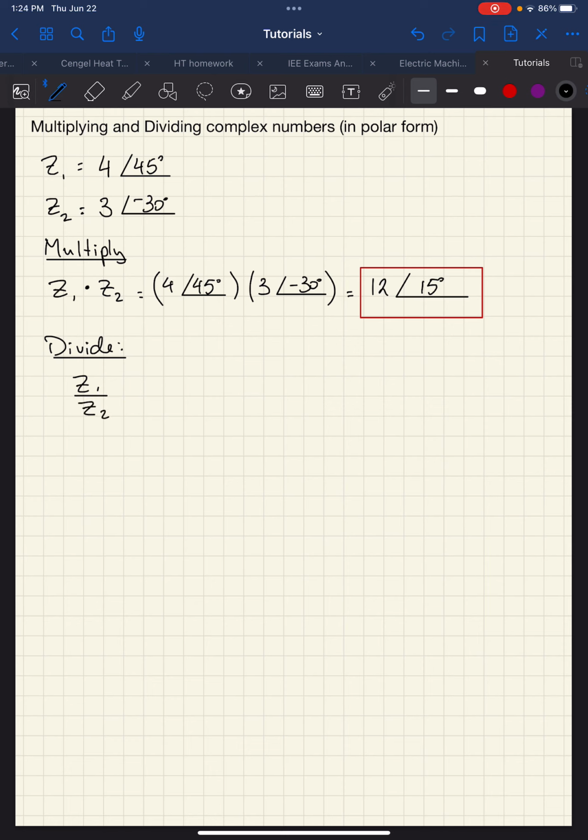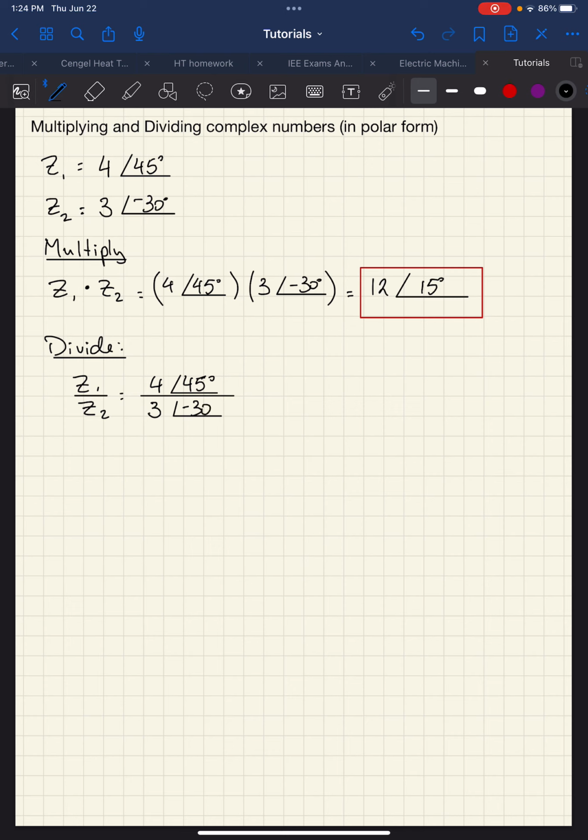Okay. You'll see now that when we divide, if we were adding the phase angles when multiplying, imagine what we're going to do when dividing. We're going to subtract. So basically, to divide complex numbers, you divide the magnitudes, and then you subtract the angles.